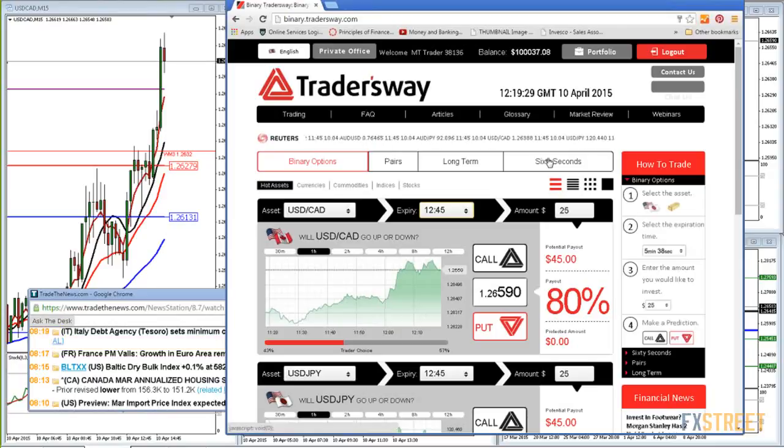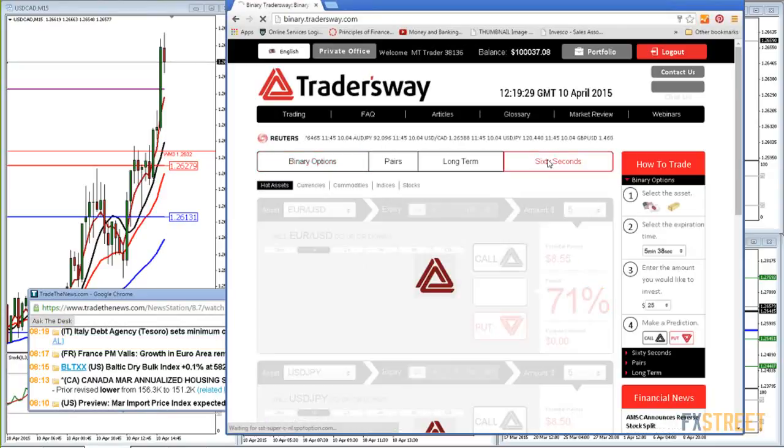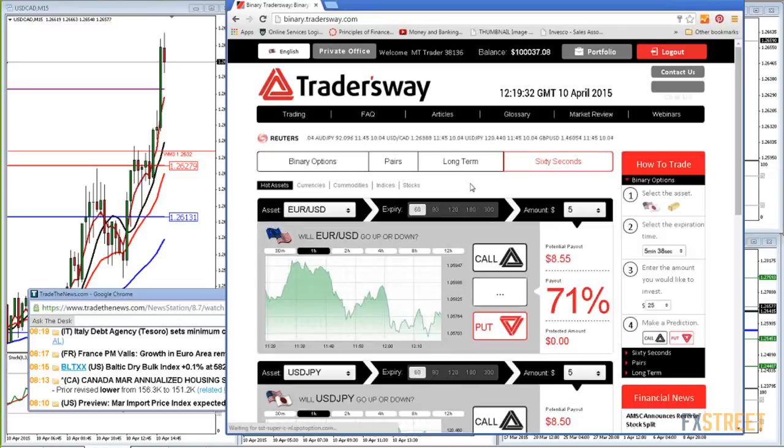And the way you do that is you go to the 60-second tab, and you can change it. You can do the 300, which is a 5-minute trade, 300 seconds. And that allows you to trade $5 as a minimum. So it's a true little scalpy scalp.